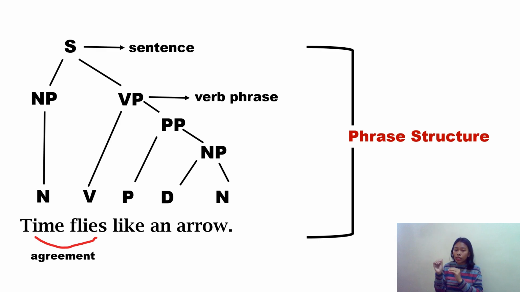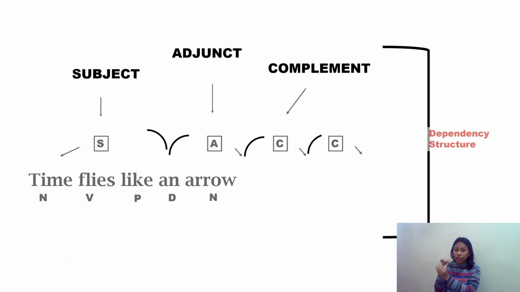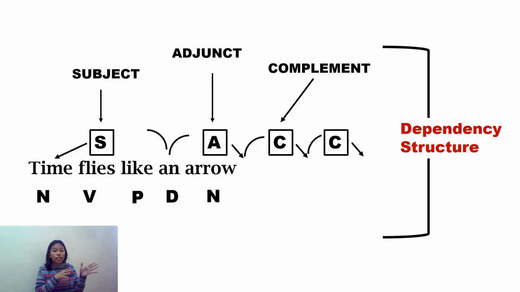As you can also see here, the noun and the verb have an agreement, okay? Next illustration, you can see here the dependency structure.